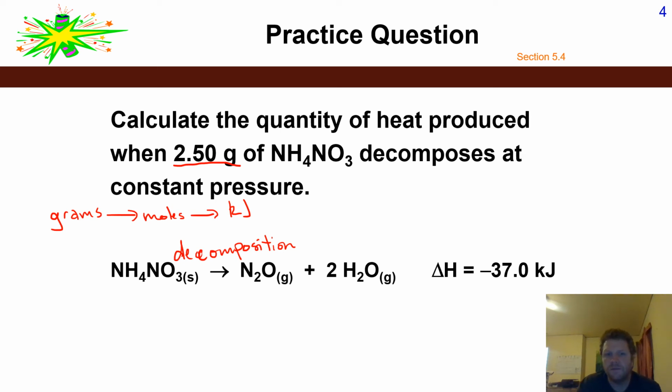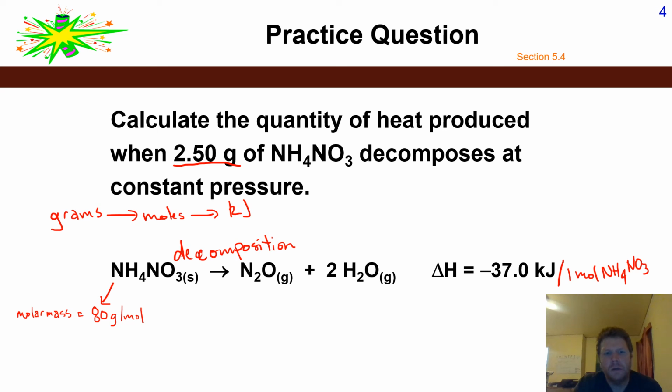This effectively shows you that the decomposition of 1 mole of NH4NO3 is going to release negative 37 kilojoules per 1 mole of NH4NO3. If you look right here, I've magically been able to get the molar mass of ammonium nitrate to pop up on the screen.